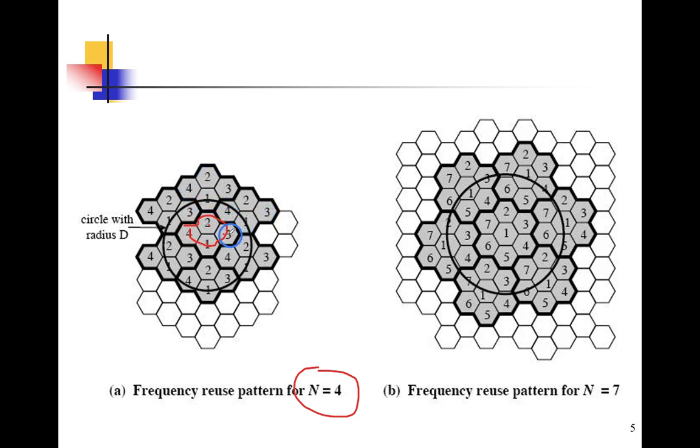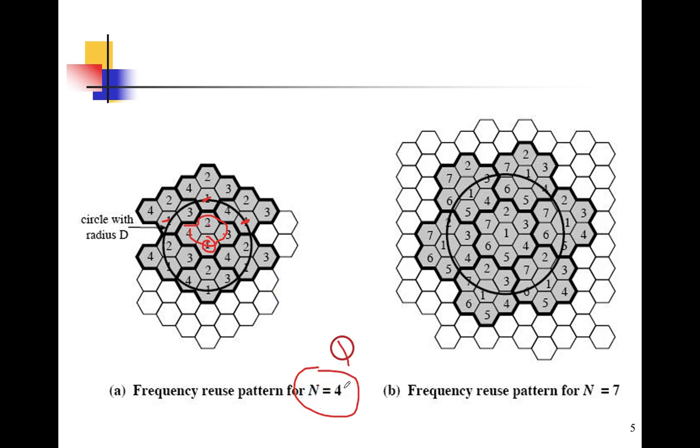Frequency number 1 is reused over here, over here, and over here. Look at the distance between them. They do not interfere, as they are not adjacent to each other. Frequency number 3 is reused over here. So this is what is called the reuse pattern, where the size of the cell cluster is N equal to 4.